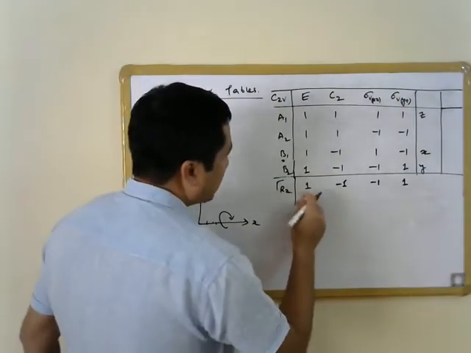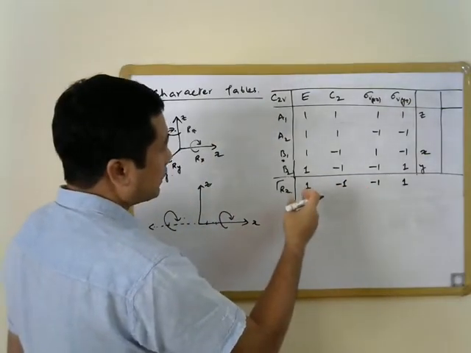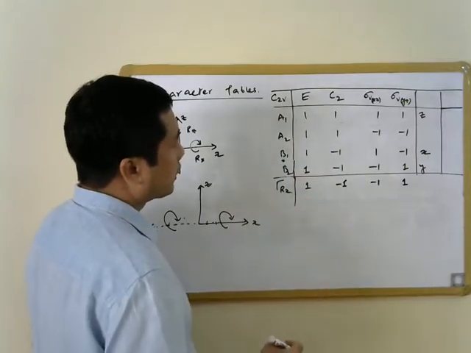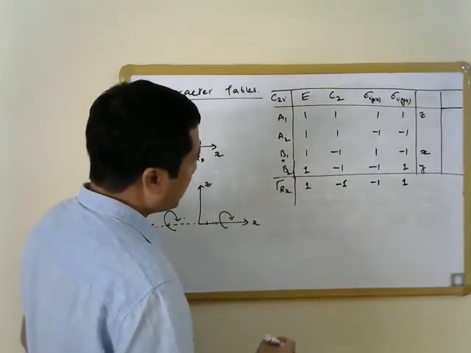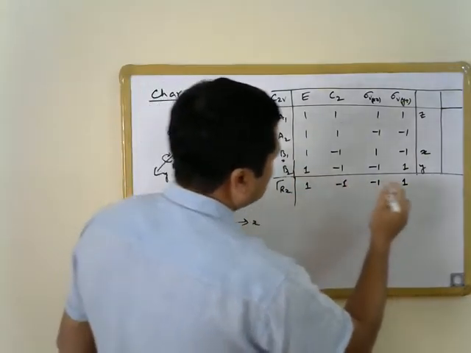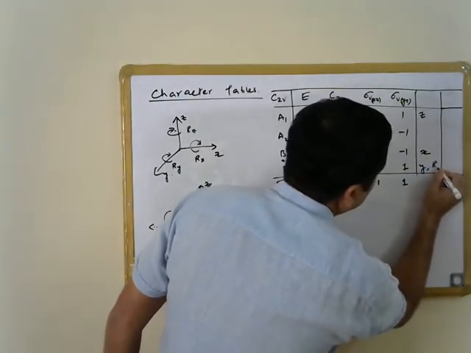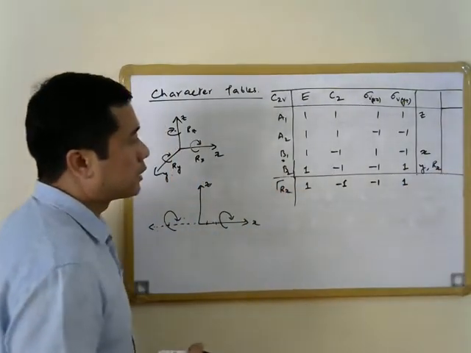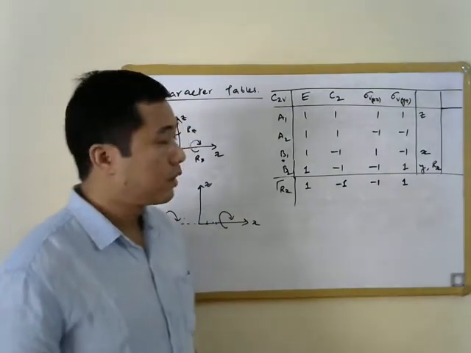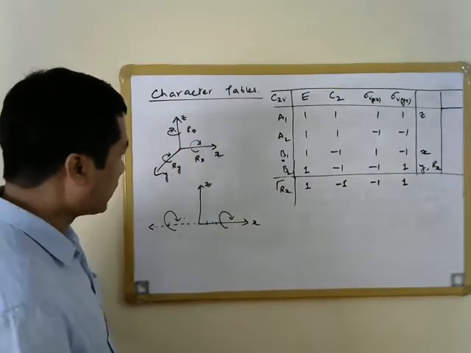Then let's see which irreducible representation these characters match, and we find that this is matching with B2 representation. So we write Rx against B2 irreducible representation.